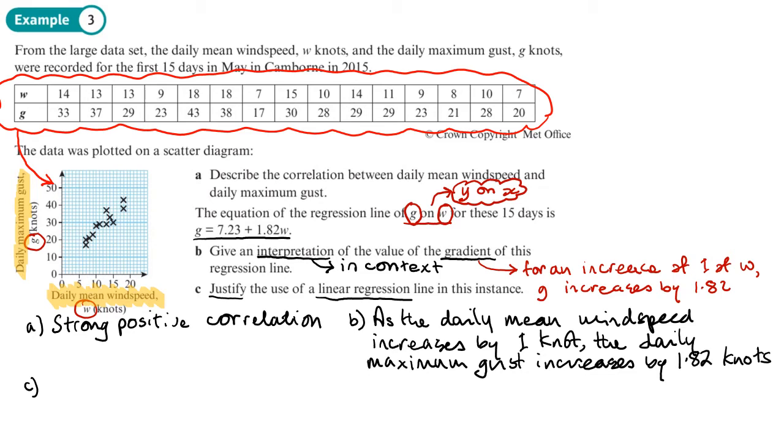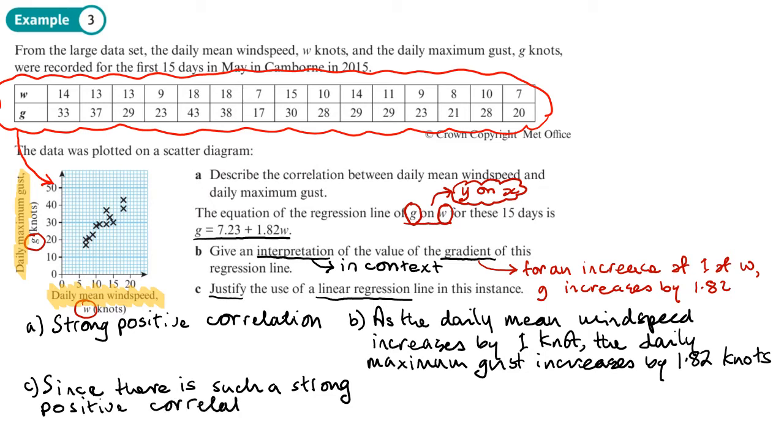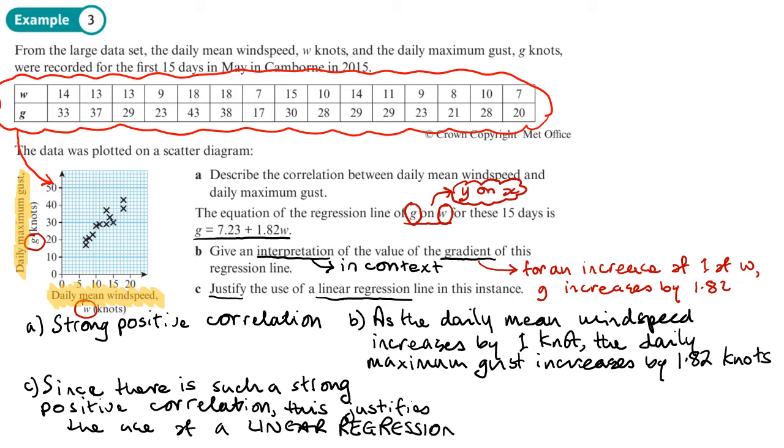So I would say, since there is such a strong positive correlation, this justifies the use of a linear regression line or model.